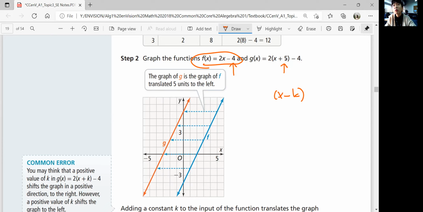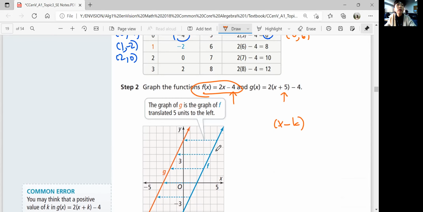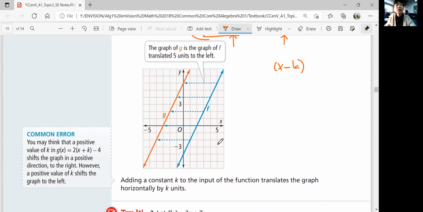So if you're thinking about input, you have to think backwards. So adding a constant k to the input of the function translates the graph horizontally by k units to the left.